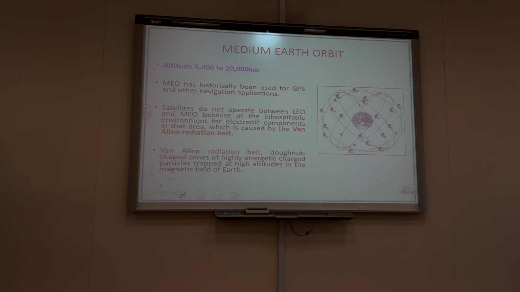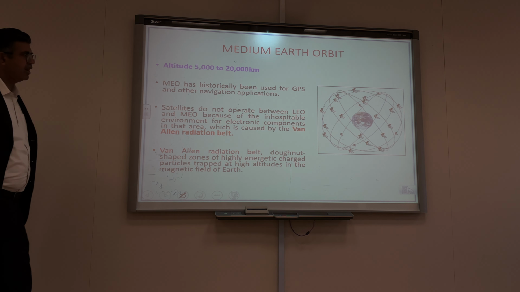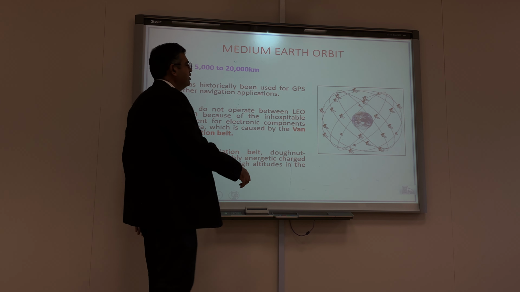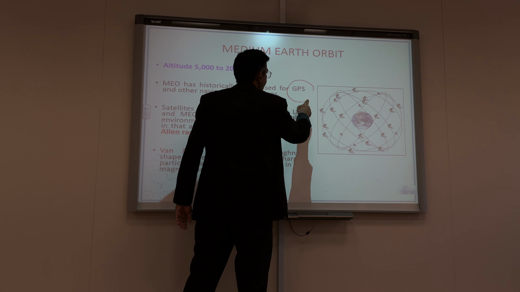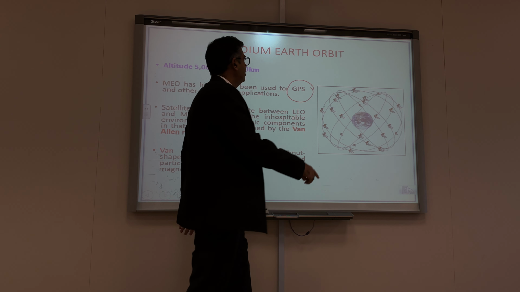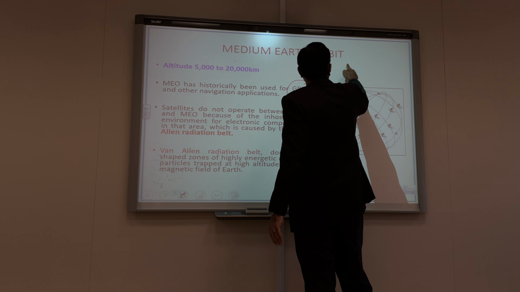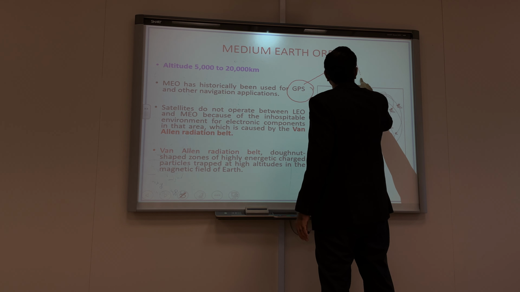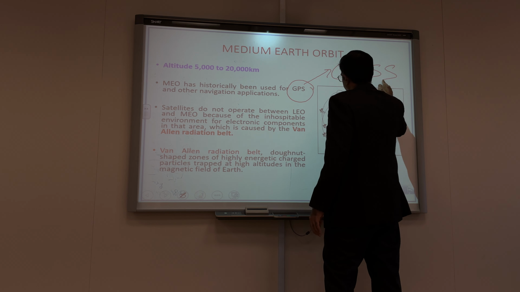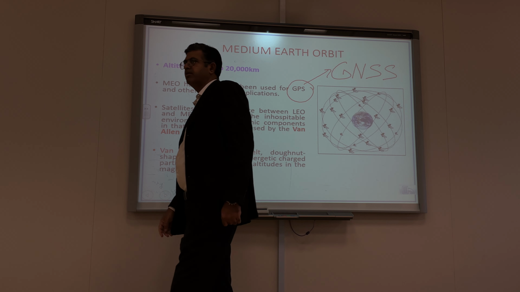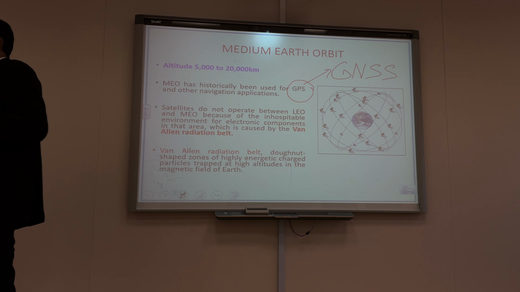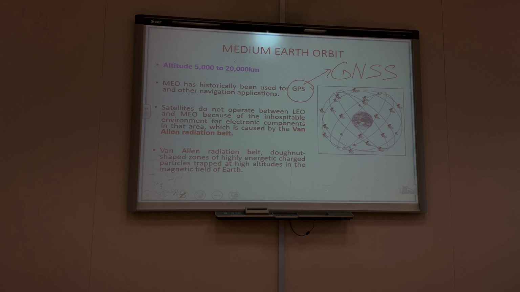It is in between the low Earth orbit and the geostationary orbit. And MEO satellites are mostly used for GPS, or instead of GPS, we use the word GNSS. What is GNSS? GNSS stands for Global Navigation Satellite System.